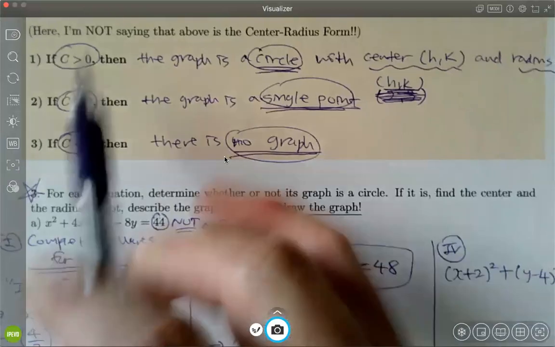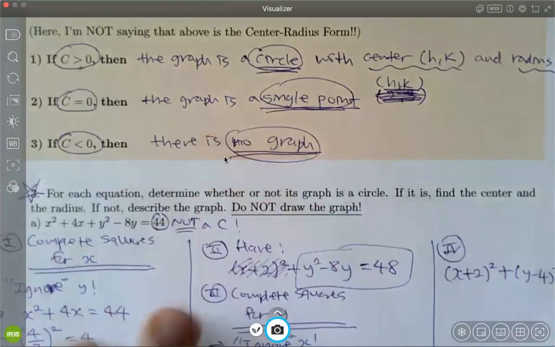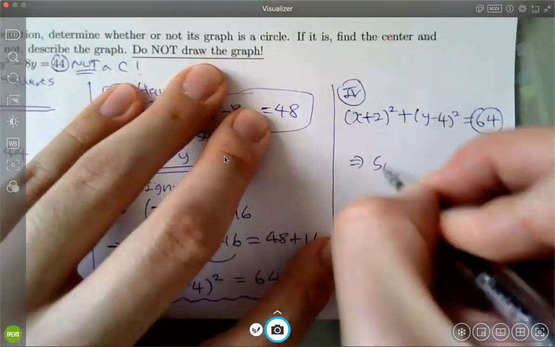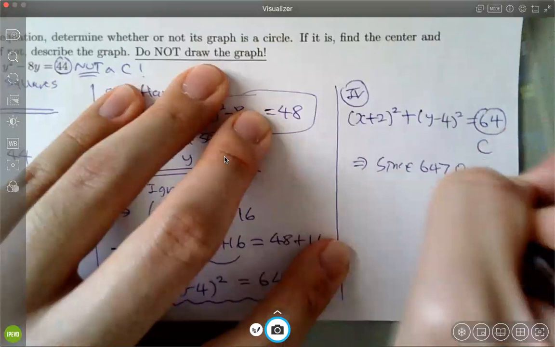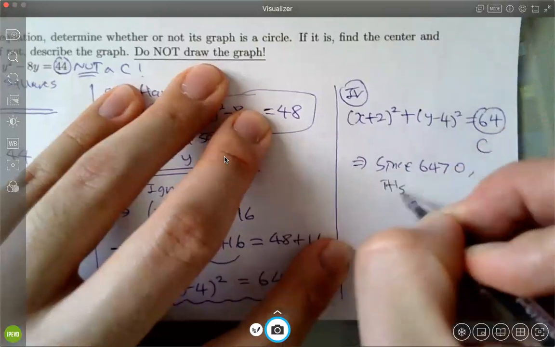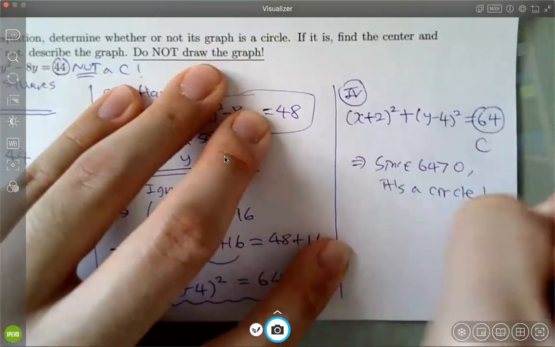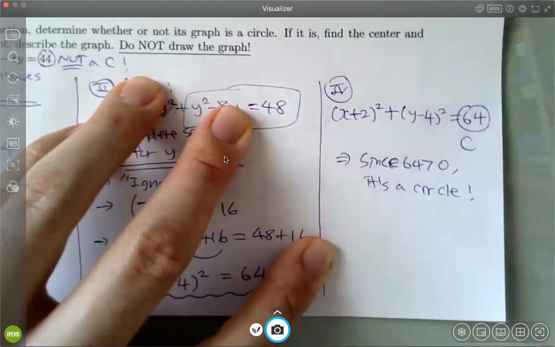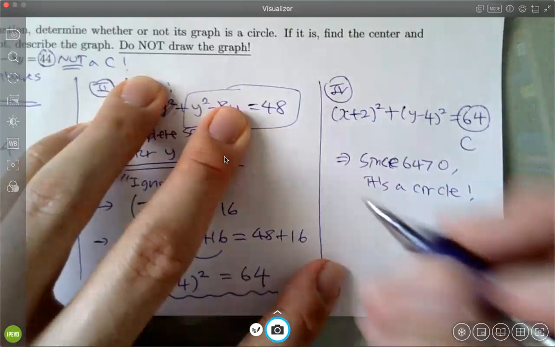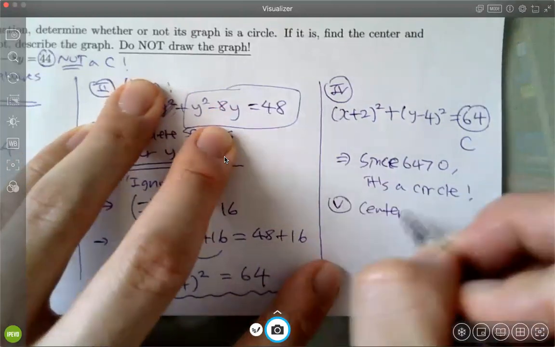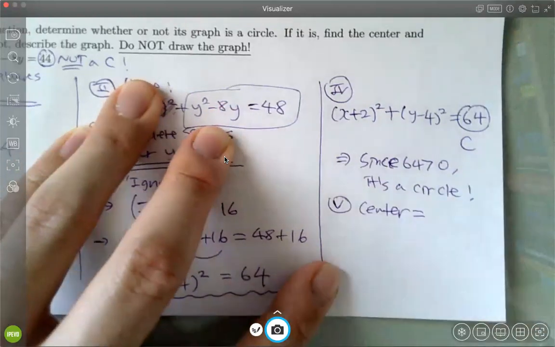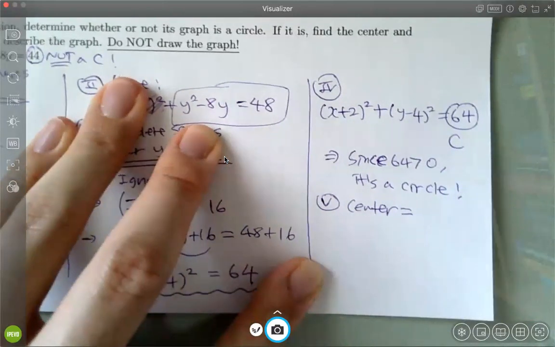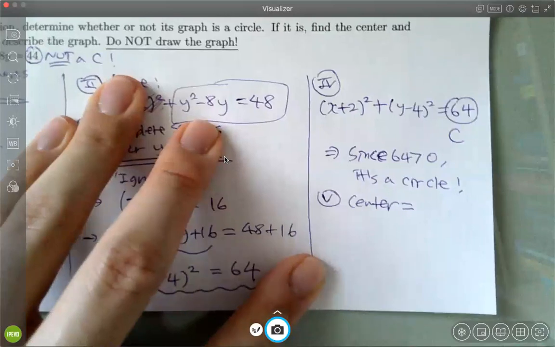That 64 is positive. So, since 64 is positive, it's a circle. So, what is the center? Where is the center of this circle?